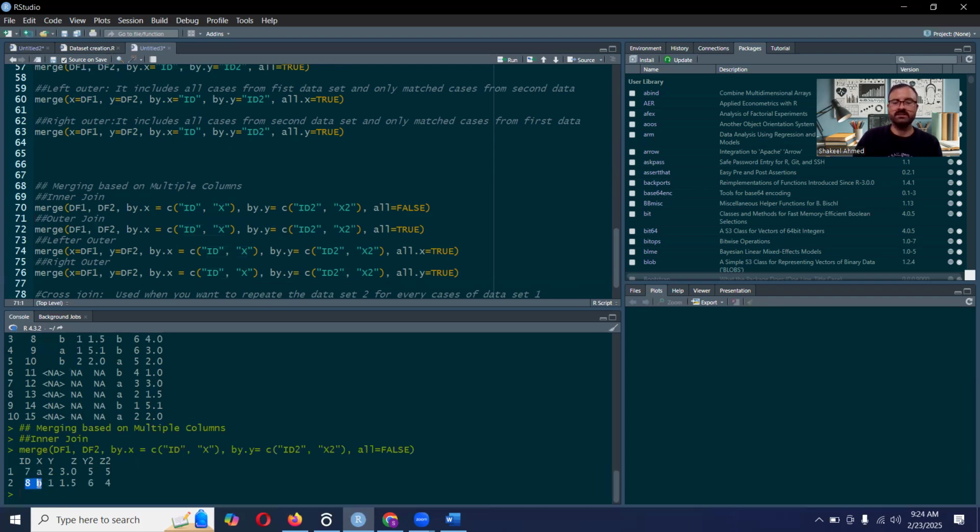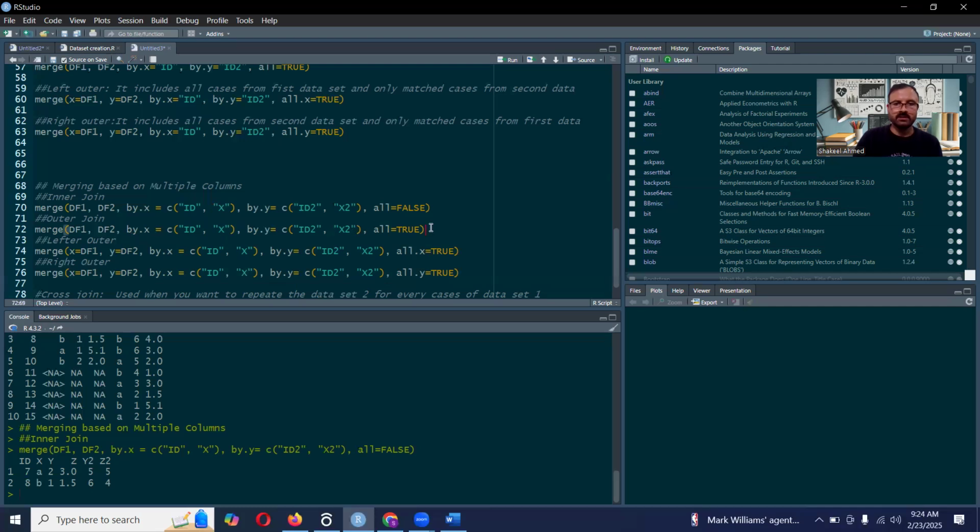So these are the matched cases, and we keep only matched cases, that is the intersection of the two data sets, according to this vector. Now we have two identities, but you can group more than two identities in terms of a vector.